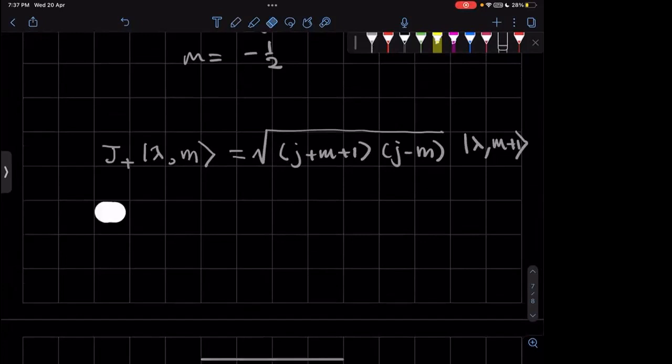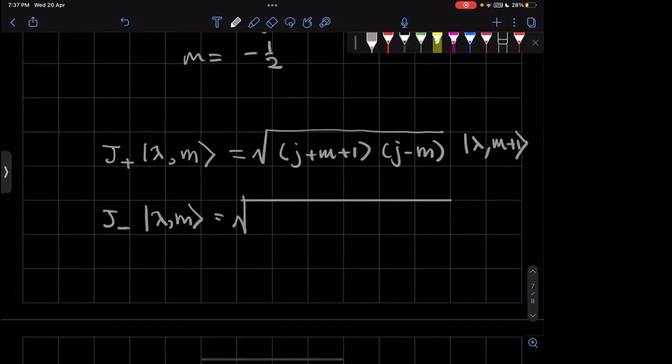The other equation you get is when J minus acts on lambda of m, you get j minus m plus 1 and j plus m, and here you have lambda m minus 1. Okay, so it's clear what I've done here?